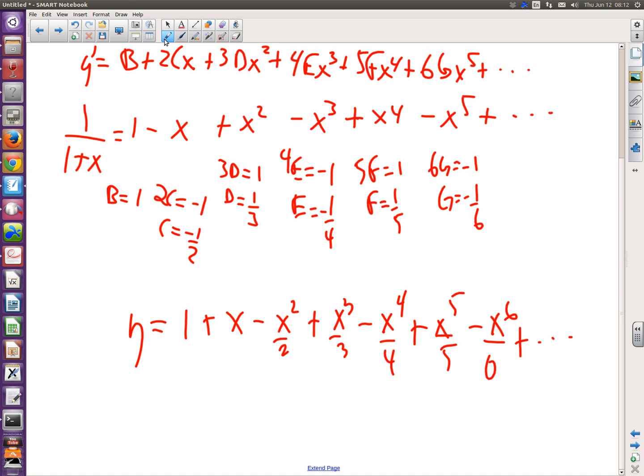Okay. And so you get some really weird, strange creature here. It's not that strange. Haven't we seen some series where the factorials go away? Usually it's over 2 factorial, 3 factorial, right? But sometimes the coefficient in front from the derivatives cancels some of the factorials.